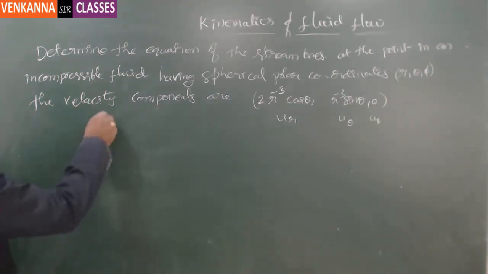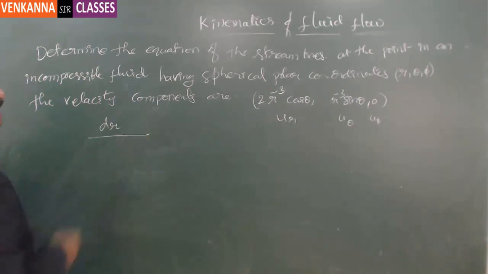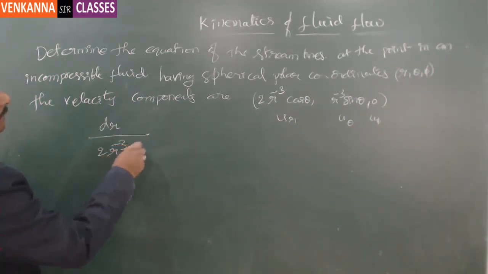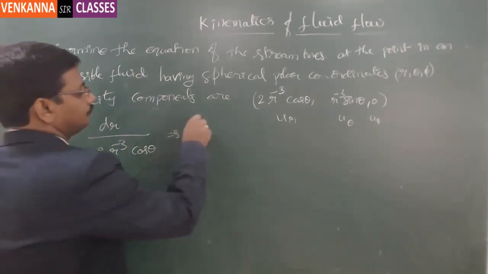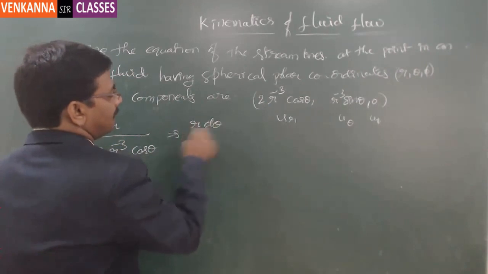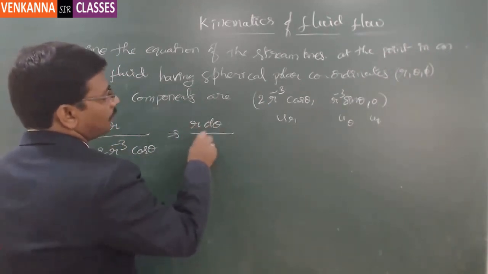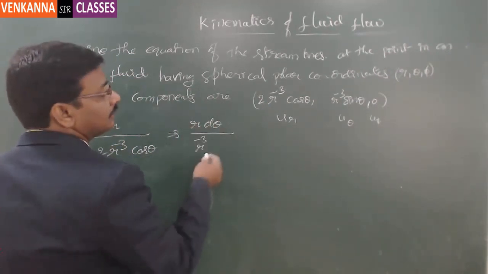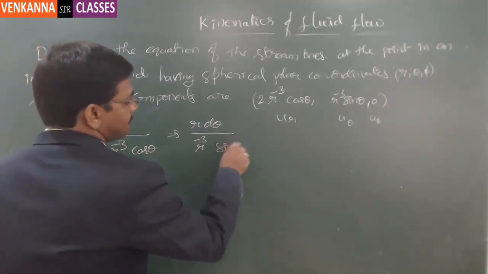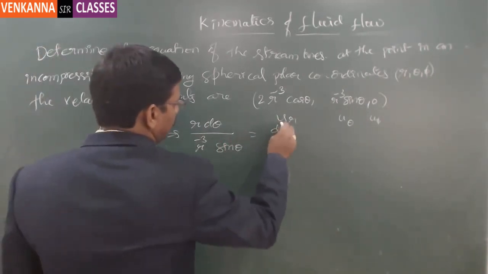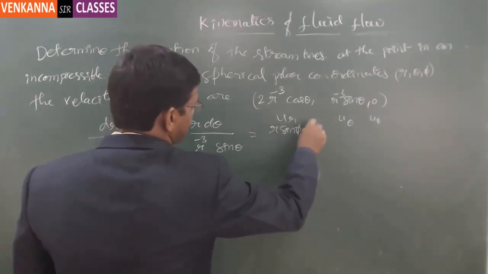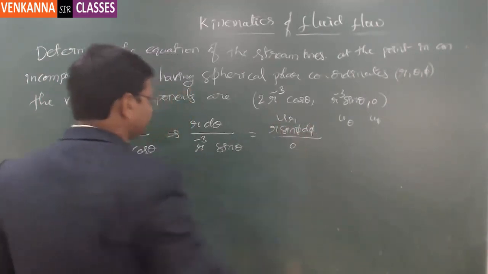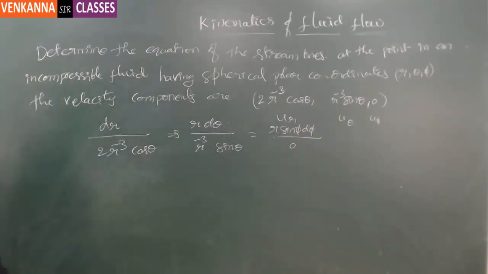See this. dr by the radial component of velocity, 2r^-3 cos theta, is equal to r d theta divided by r^-3 sin theta, is equal to r sin theta d phi divided by 0. So this is the equation of the streamlines.